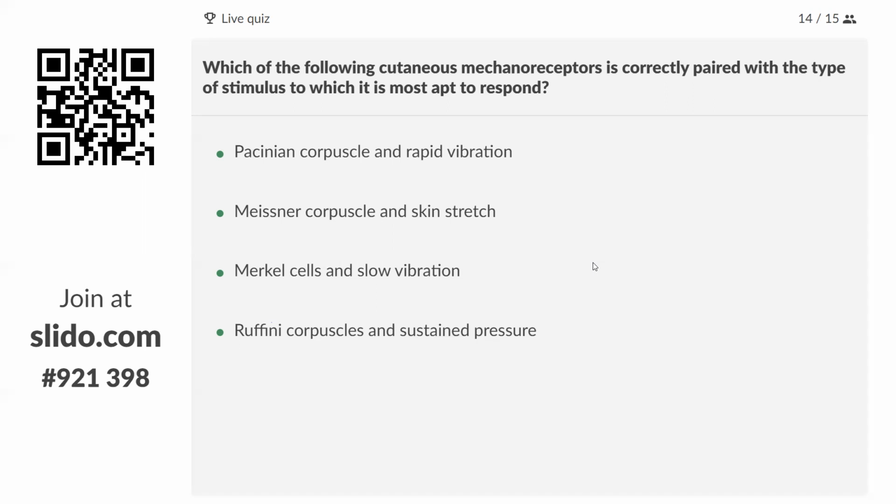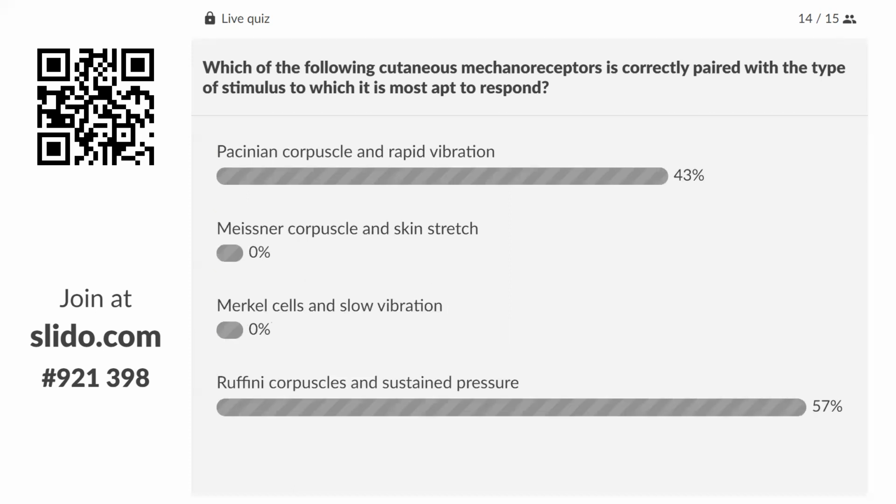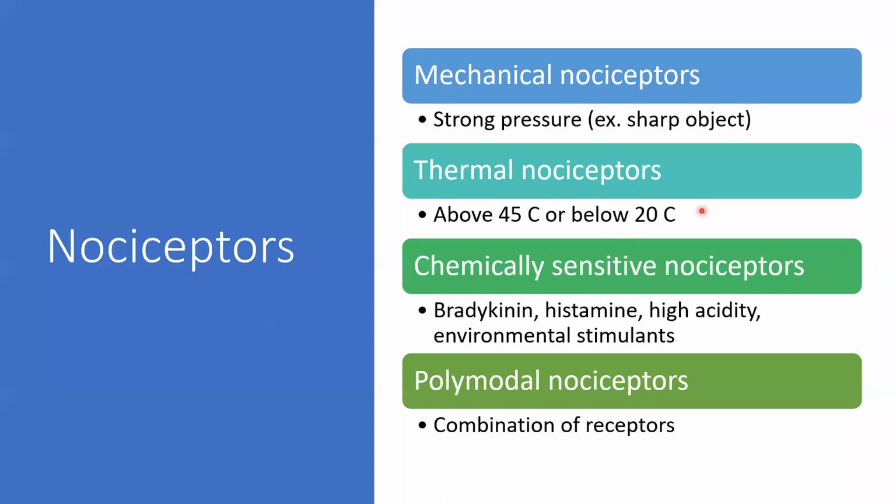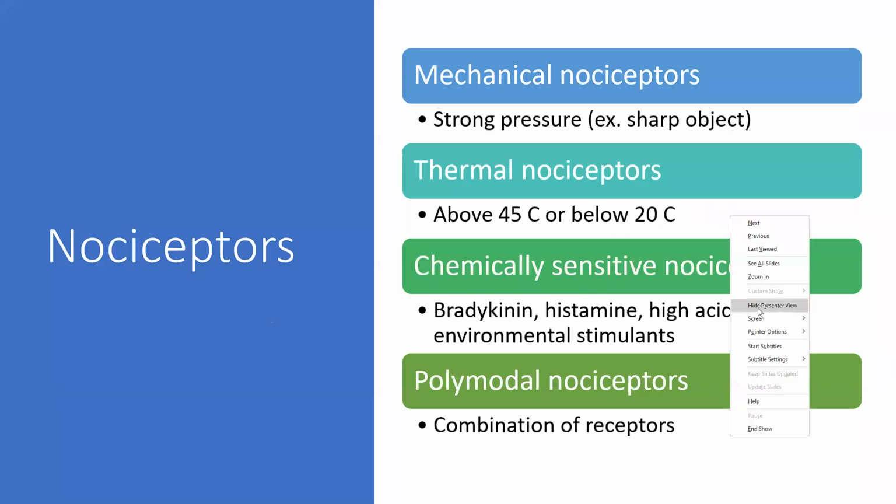So 57% answered corpuscle and sustained pressure, and 43% answered corpuscle and rapid vibration. The correct answer is corpuscle and rapid vibration. So yun po yung tamang pairing po natin. Okay, very good. Thank you for participation.